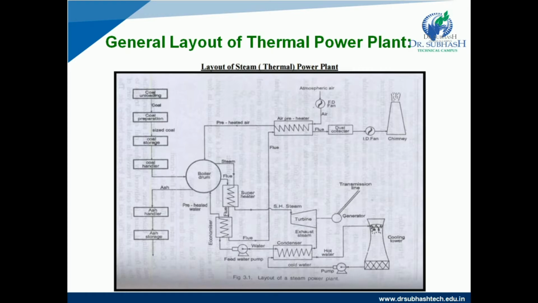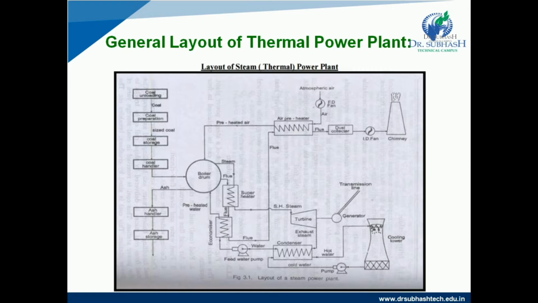The coal from the live storage is first crushed into small particles and taken into powdered form. Fine powdered coal undergoes complete combustion, which we require in the thermal power plant, and which can also improve the efficiency of the boiler.